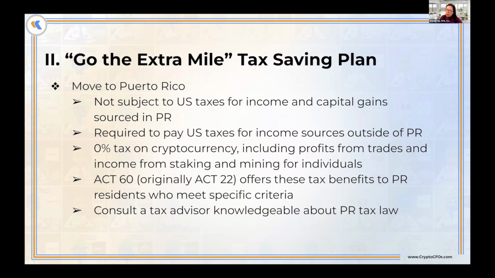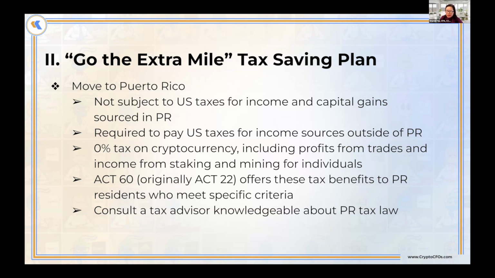Also, they cannot avoid paying US tax for at least part of the capital gains related to investment assets such as crypto that they purchased in the US before their relocation.